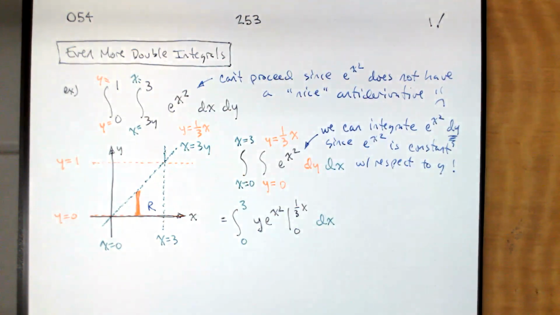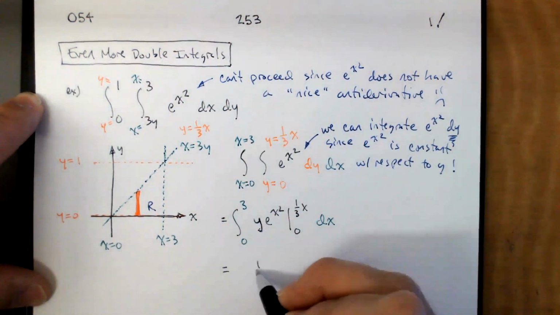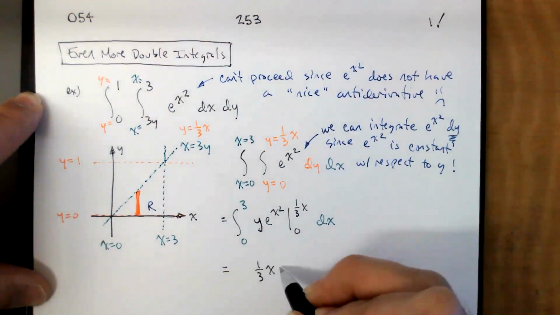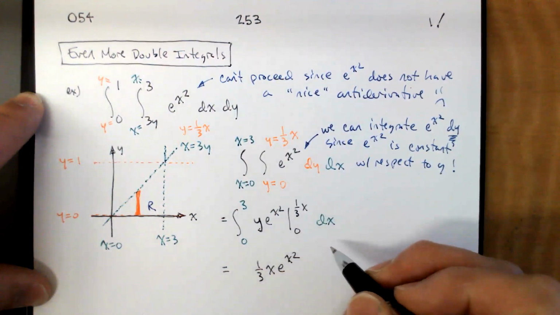So now we can plug in the endpoints. We're evaluating y from 0 to 1/3 x. e to the x squared is just a constant. So we get 1/3 x e to the x squared minus 0 e to the x squared.